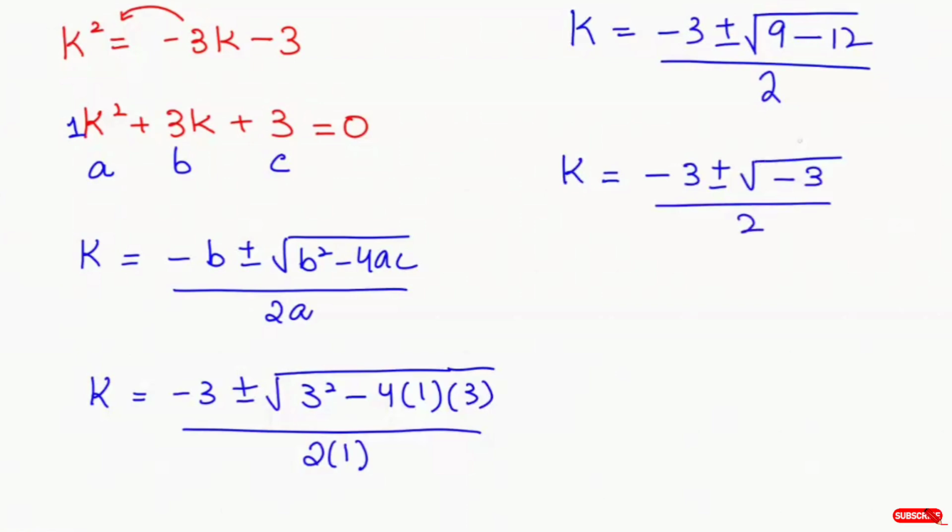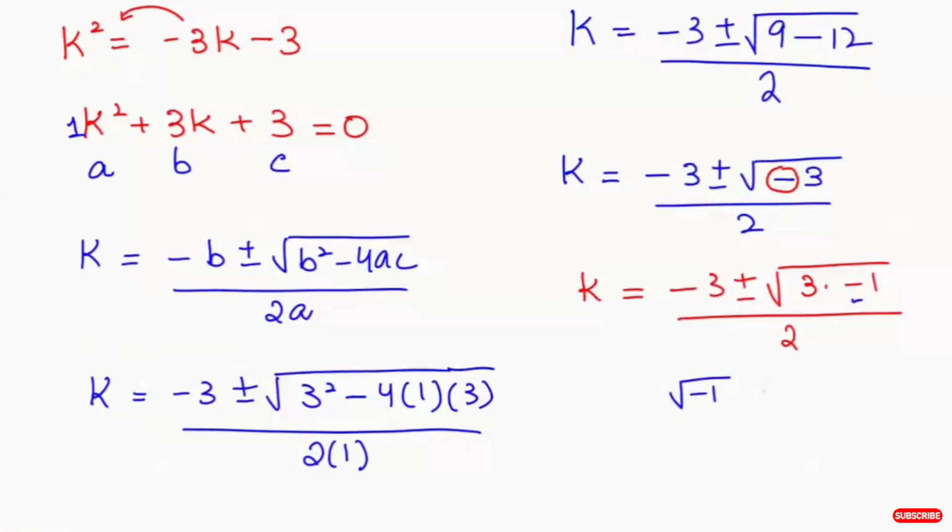Now we're going to separate this negative sign, so I'm going to express this as minus 3 plus minus root of 3 times negative 1 over 2. And we have the root of negative 1, that is iota, the imaginary number. So we plug in iota here: k is equal to minus 3 plus minus root of 3 iota over 2.